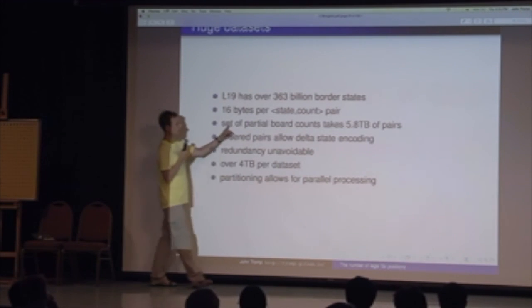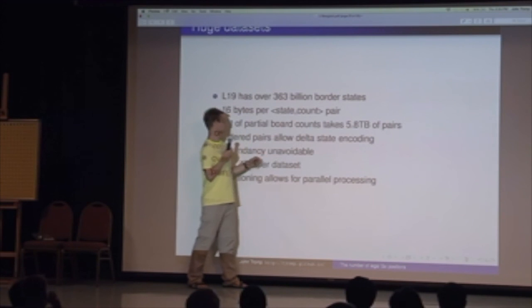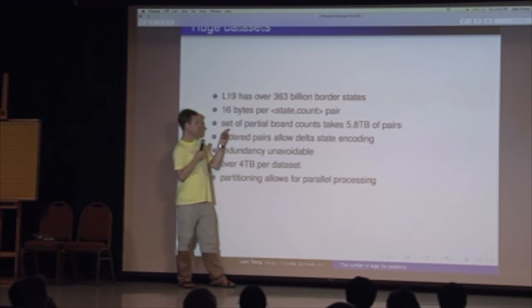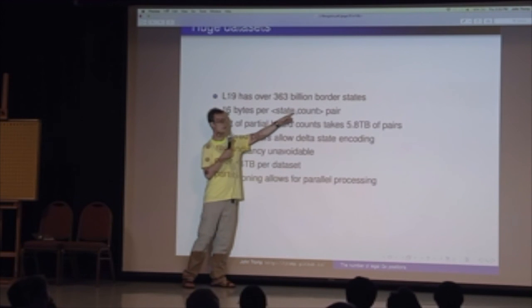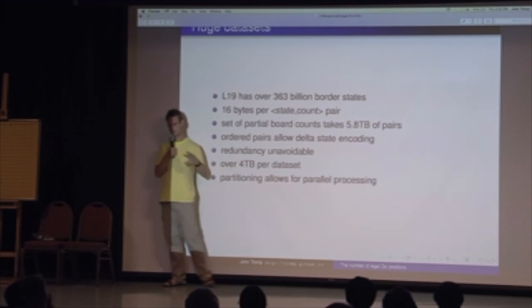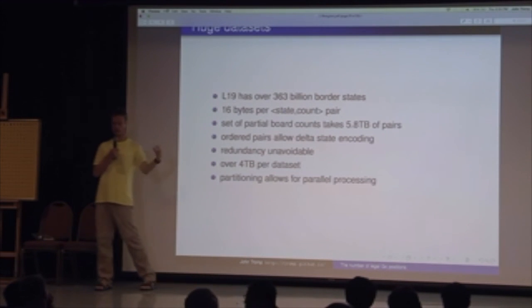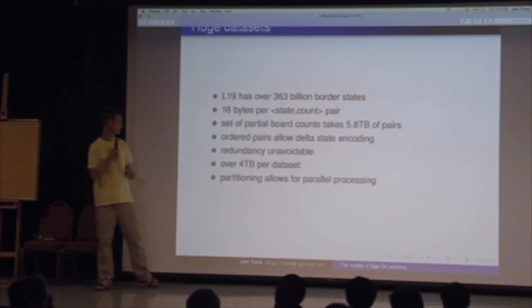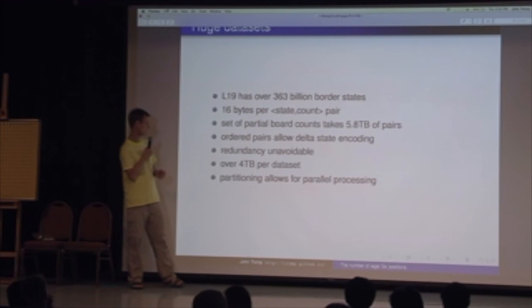I can optimize a little bit, because if I have a full such set of data with increasing states, then I don't have to encode the full state. I can just encode the delta difference between successive states. That allows me to save a little bit.